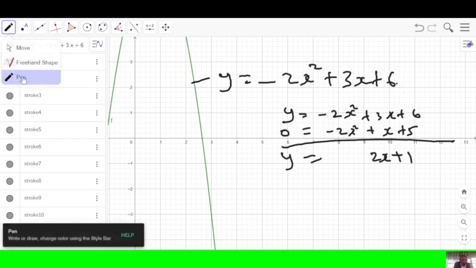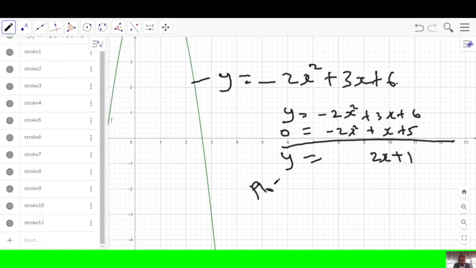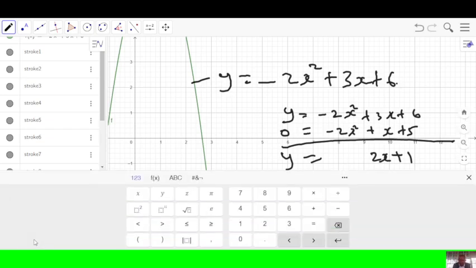We need to plot the graph of y equals 2x plus 1, so that where this line meets the original quadratic equation, we will be able to get the corresponding values of x. So allow me to plot a graph of 2x plus 1, and that is the graph that I have just plotted.